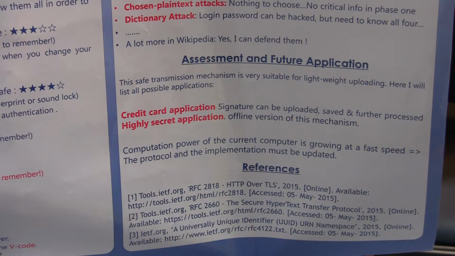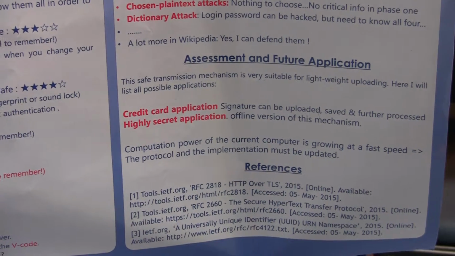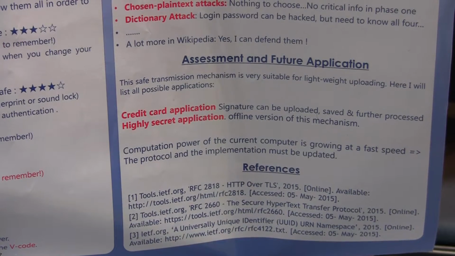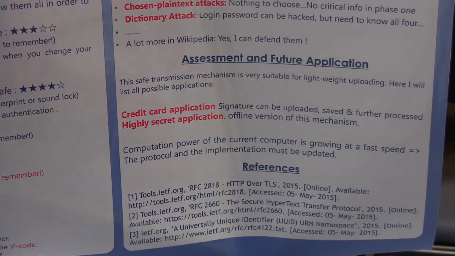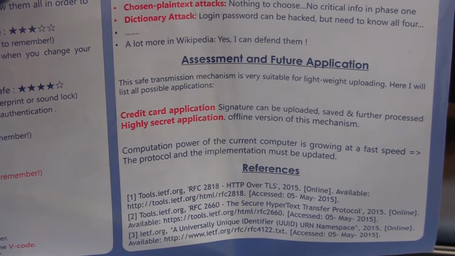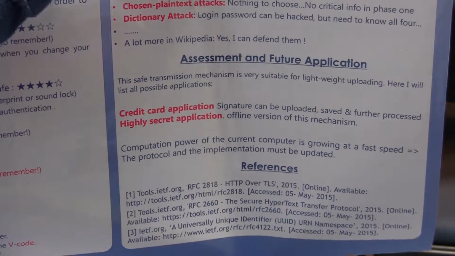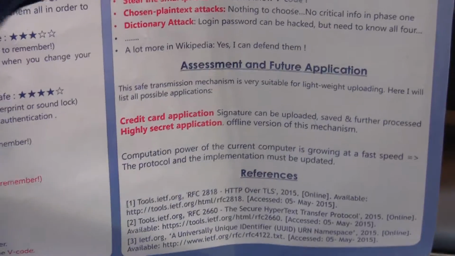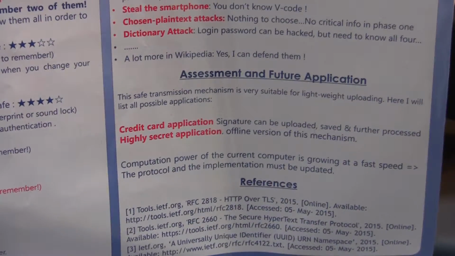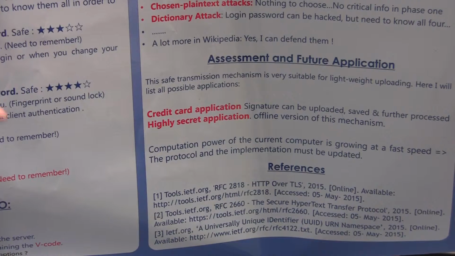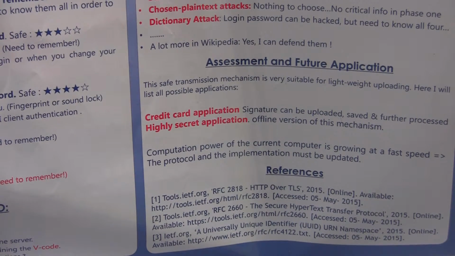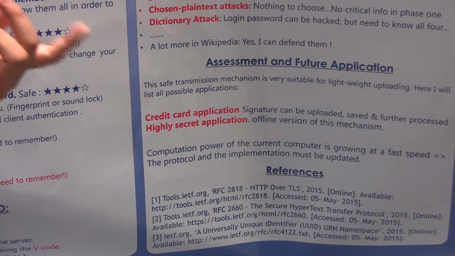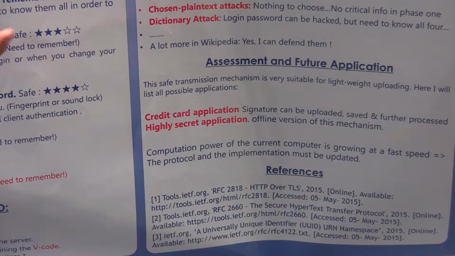Also, because the computation power of the smartphone is increasing day by day, in the near future a 128-bit key may not be enough, and then we can proceed to 256 bits, to make our protocol safer.